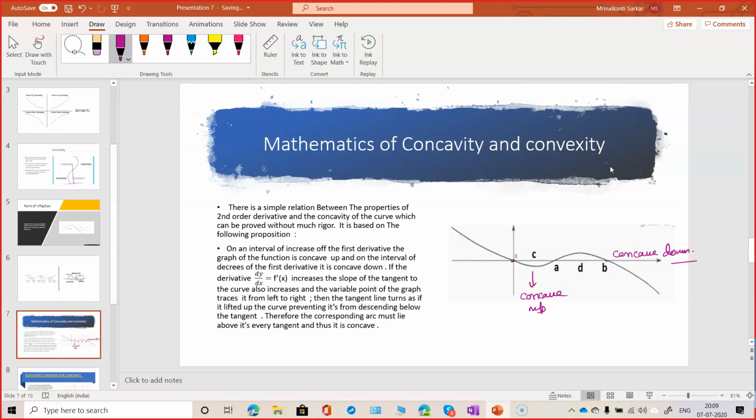So in an interval from O to B it is possible that it is both concave up and concave down. But strictly we want to say where it is concave up, that interval is 0 to A. Strictly concave down is the interval A to B. So the whole interval, one part is concave up, the other part is concave down. Both are possible.